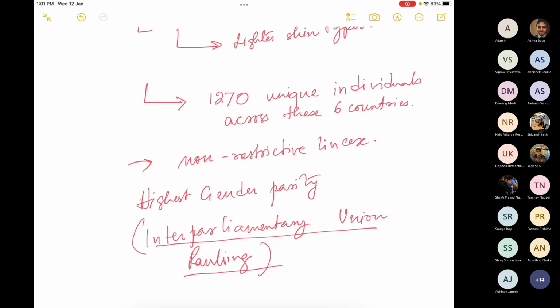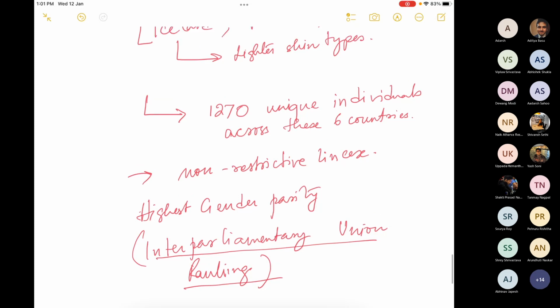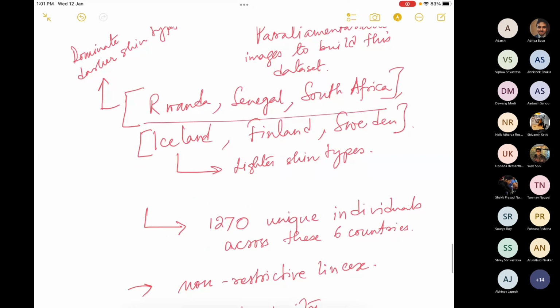For the darker countries, these are the top 3 countries, with Rwanda being the best in gender parity. Similarly on the lighter skin side, these 3 countries show the best gender parity, and that's why these 6 countries were chosen for the experiments that the authors were to do.